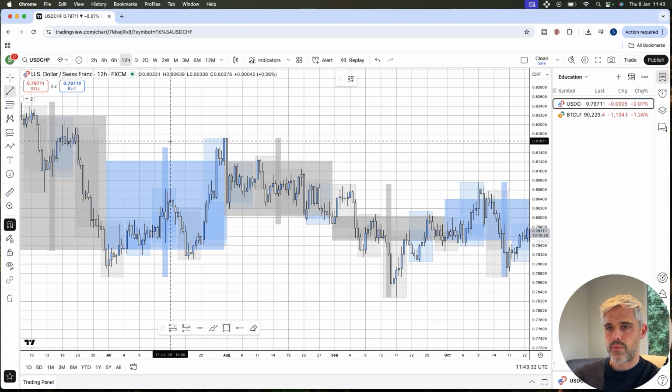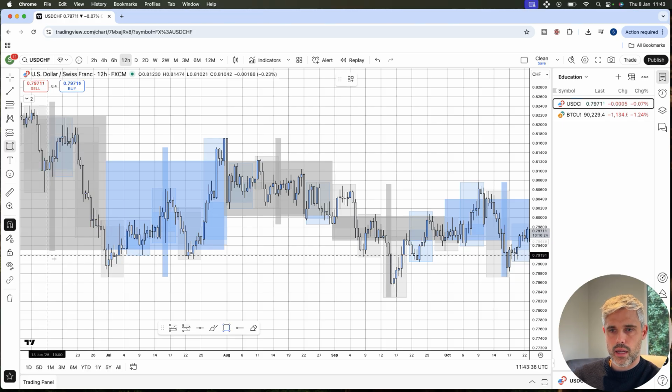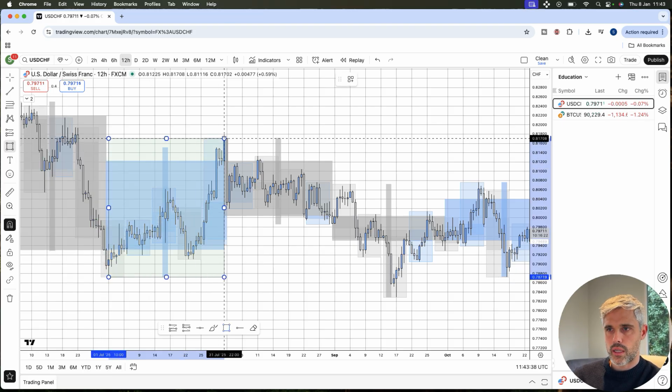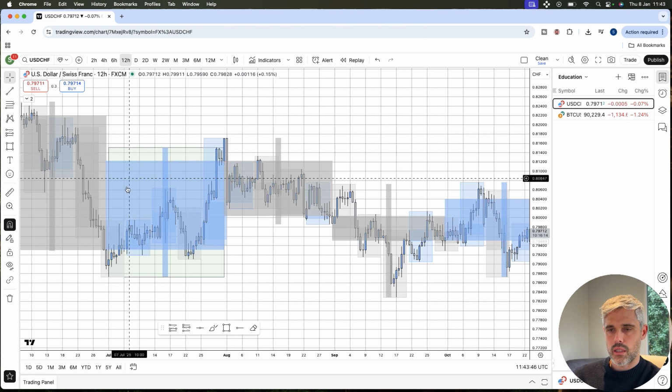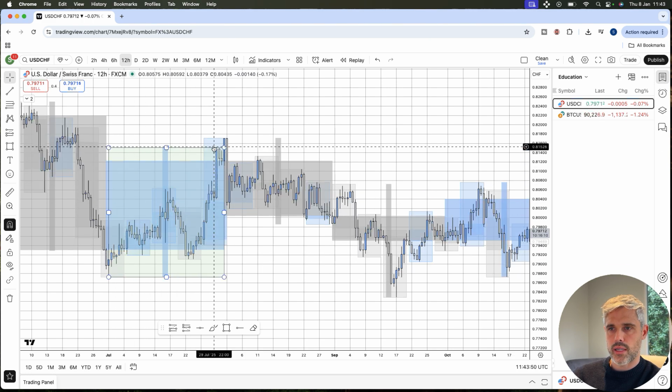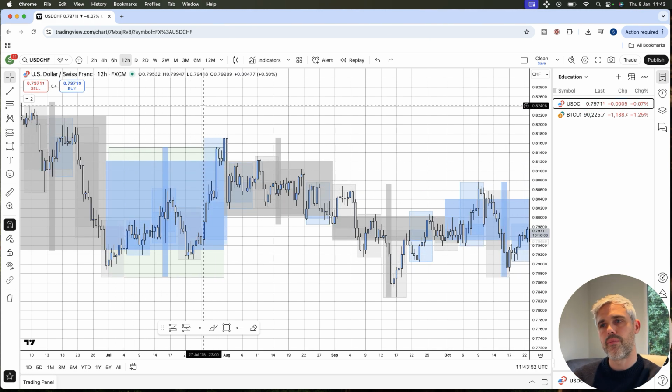What we have here is a monthly candle. We just keep this as simple as possible. You can see throughout the month of July, this is the way that price traded. This is the entire range of price action for the month of July.